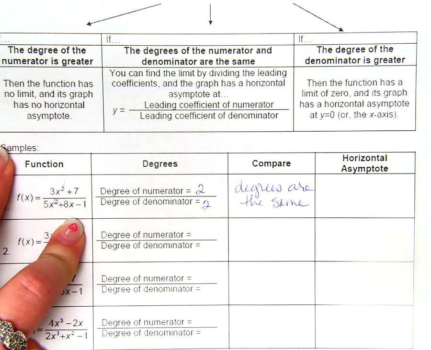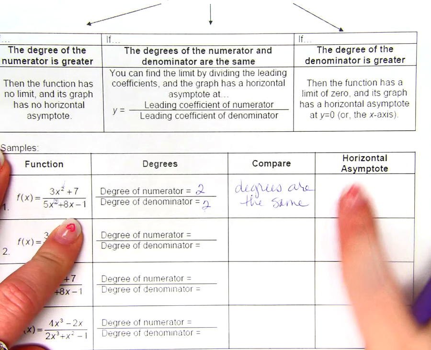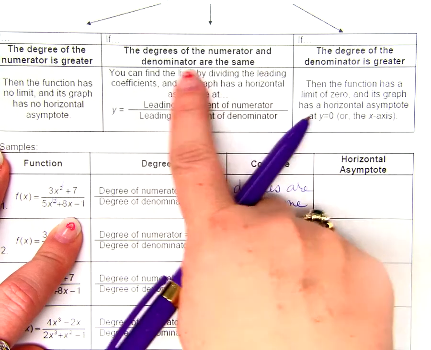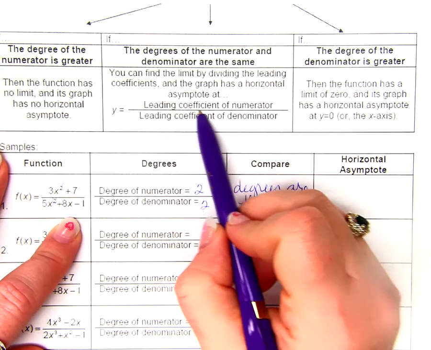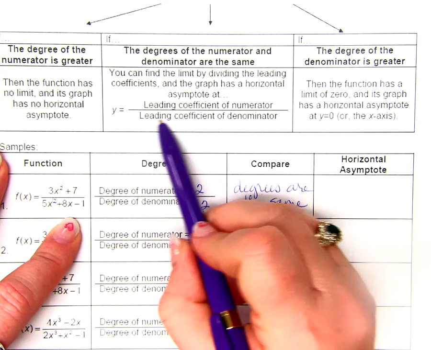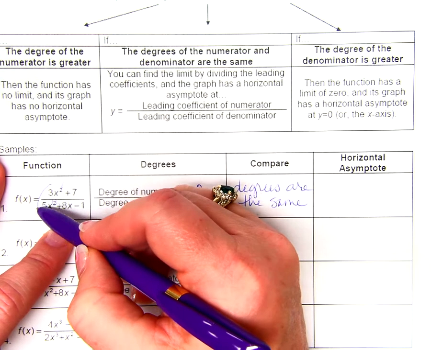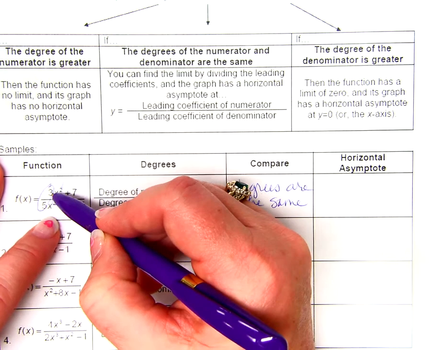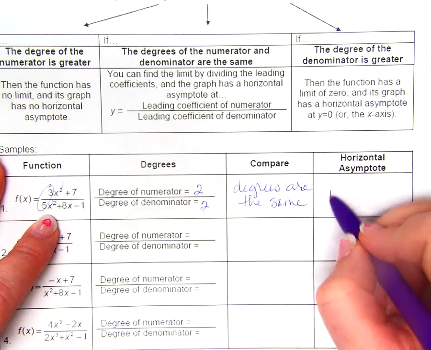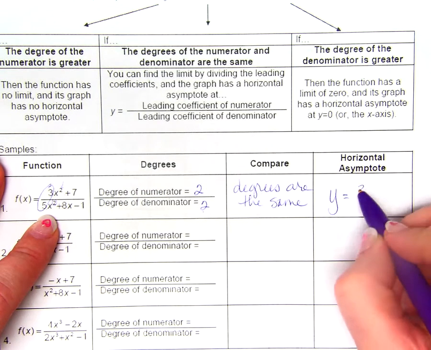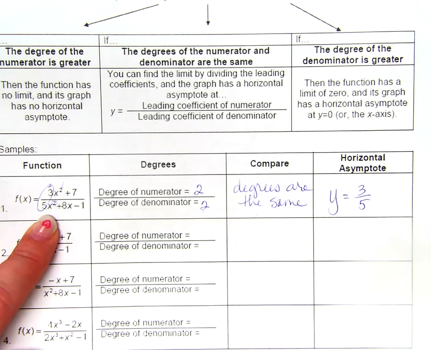Okay? The degrees are the same. So look back up here at this chart. When the degrees are the same, look at the leading coefficient of the numerator and the leading coefficient of the denominator. Look back over here, the leading coefficients of the numerator and the denominator. So you're going to have a horizontal asymptote of 3/5.